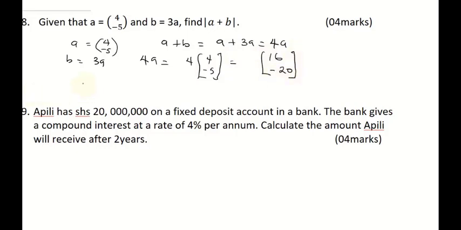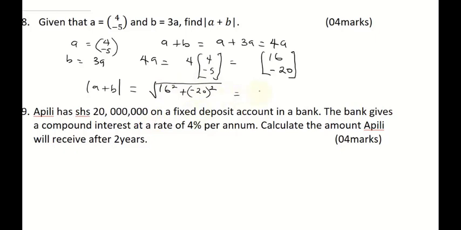Now the magnitude of A plus B, remember A plus B is the same thing as 4A, is now going to be the square root of 16 squared plus minus 20 all squared. That's how you find the magnitude of a vector.